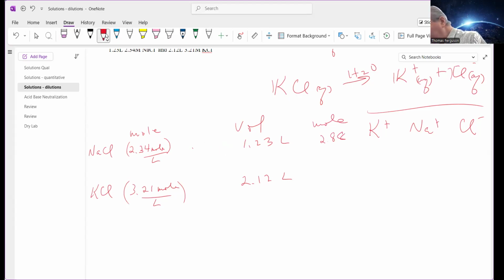Let's make this moles per liter. Okay, and then 321 times 2.12.